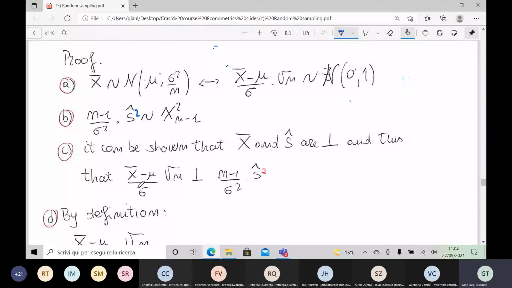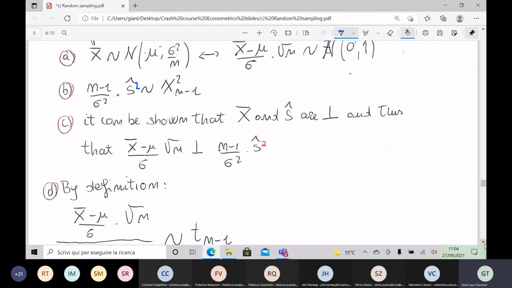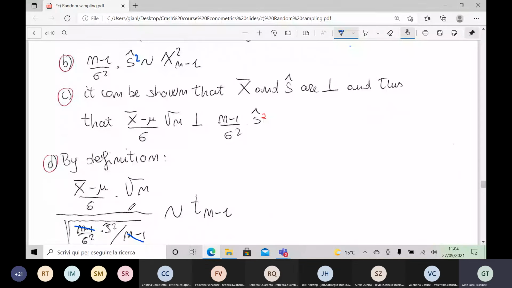You also have that these are independent. So you have all the instruments to build a student's t random variable with n minus 1 degrees of freedom. In fact, remember the student's t: you have the ratio in the numerator of a standard normal, and we have it because this is standard normal.